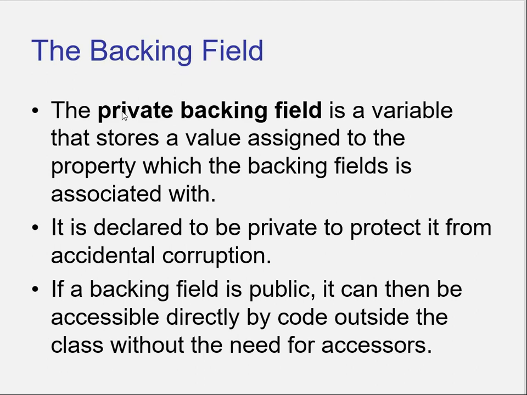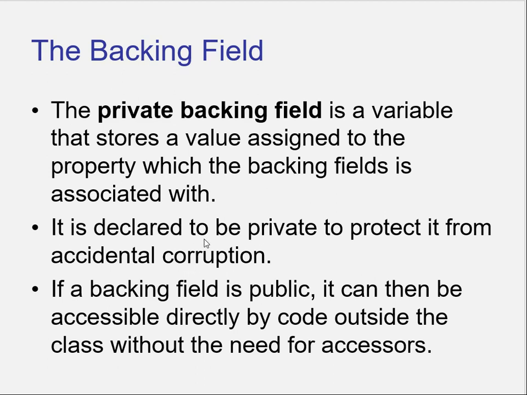So a little more on the backing field. It's a private backing field. It's a variable that stores the value assigned to the property which the backing field is associated with. It is declared to be private to protect it from accidental corruption. If it was public, there could be some information that could get changed, so that's why it's declared privately.